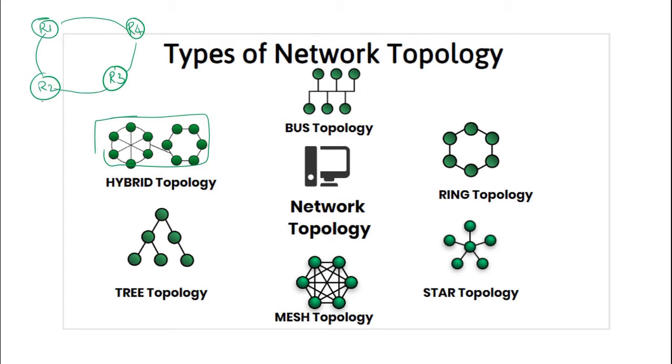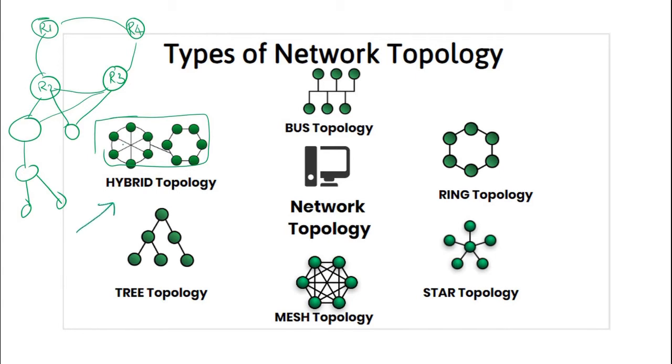After that, if we want, we can create one more ring. Or we can simply use our access and core layer. Suppose this is connected via this, and this is also connected via this. And then further, we are using the tree topology like this. That we can also do. So that we call a hybrid topology.